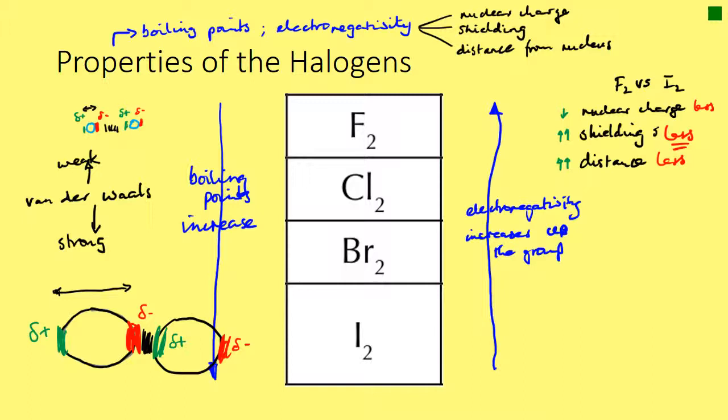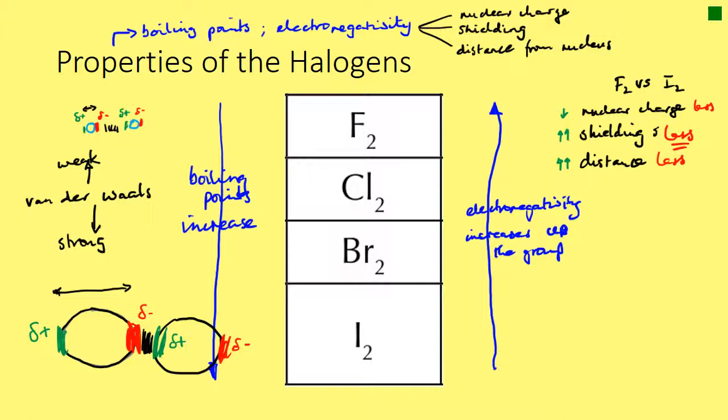Yeah, so electronegativity, you remember, is the tendency of an atom or an ion or a molecule to attract electrons, particularly a bonding pair of electrons. Electronegativity depends on three factors. The first is nuclear charge.